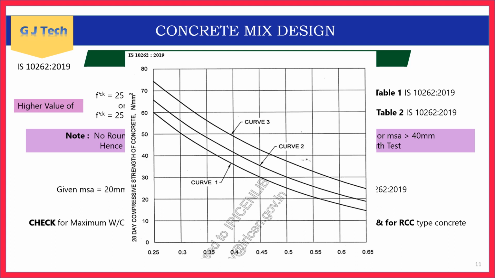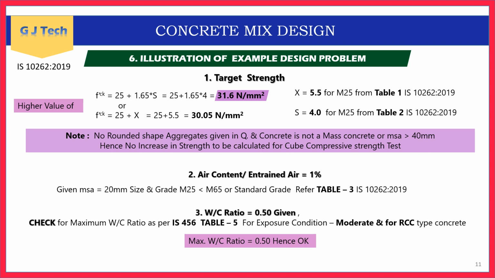For this particular problem, let us consider it to be 0.5 as given in the question. Checking for maximum water cement ratio, we have to take the maximum allowable water cement ratio for the moderate exposure condition in table 5 of IS 456, and that is not exceeded, hence it is okay.